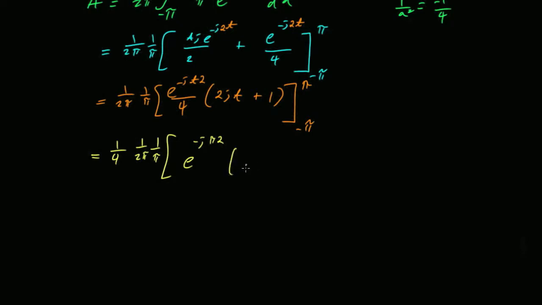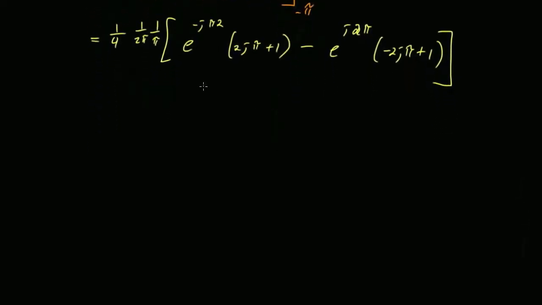Okay. So now it's 2j pi plus 1 minus 2 and 2. Is that it? Holy smokes. Okay. All right, so cleaning this up a little bit. I think I'm just going to erase now.